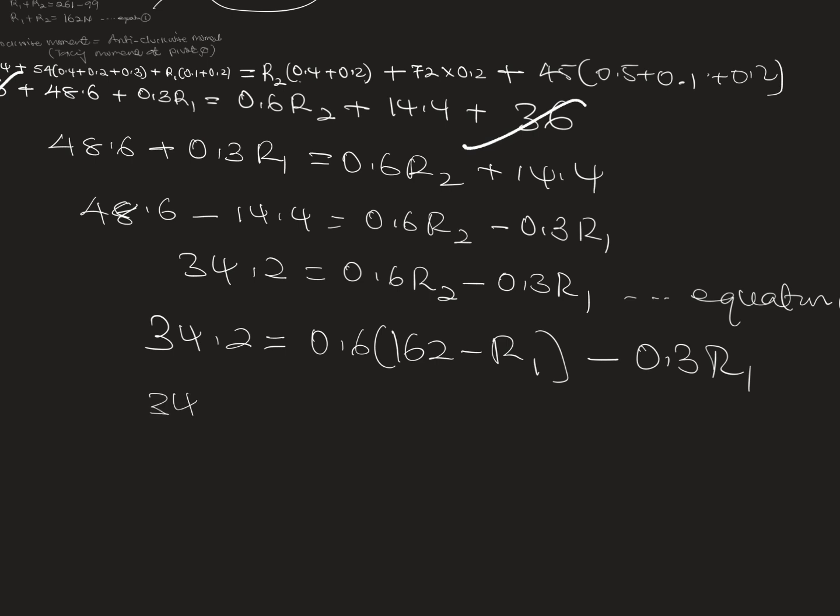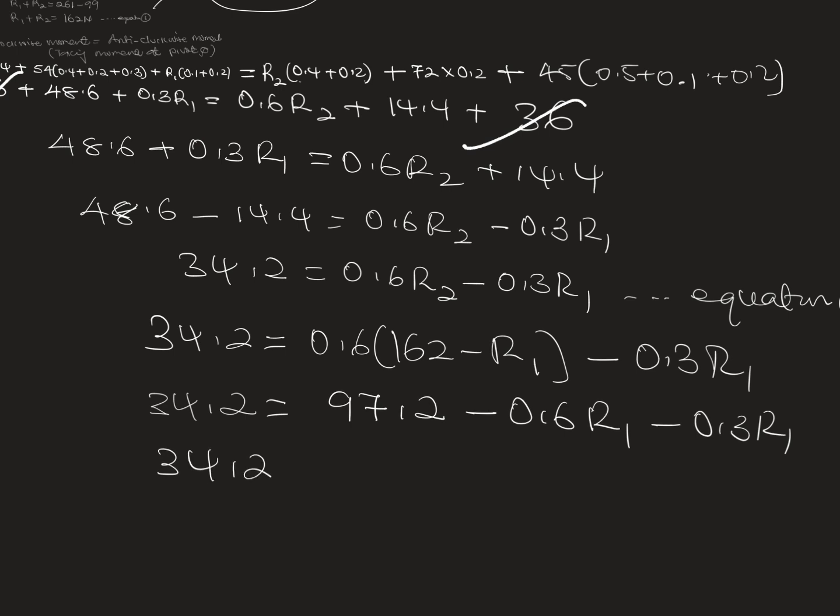Simplifying this, I'll have 34.2 is equal to 0.6 multiplied by 162, which is 97.2, minus 0.6 R1 minus 0.3 R1.